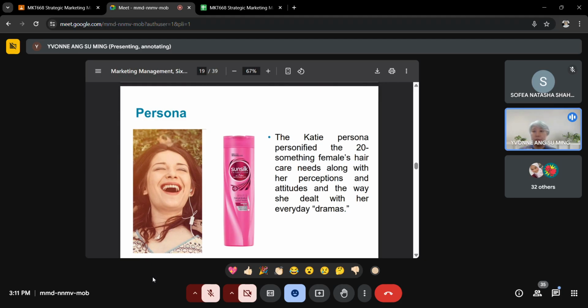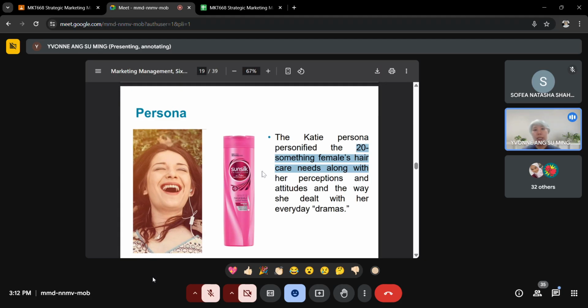So for example, if it's a cream, it is usually a man, and he is actually quite young. He's a younger crowd. Okay, so when you see those representations of those characters or those influencers or those actors or those people, they are chosen specifically because they match up to the persona of who the brand is actually targeting.